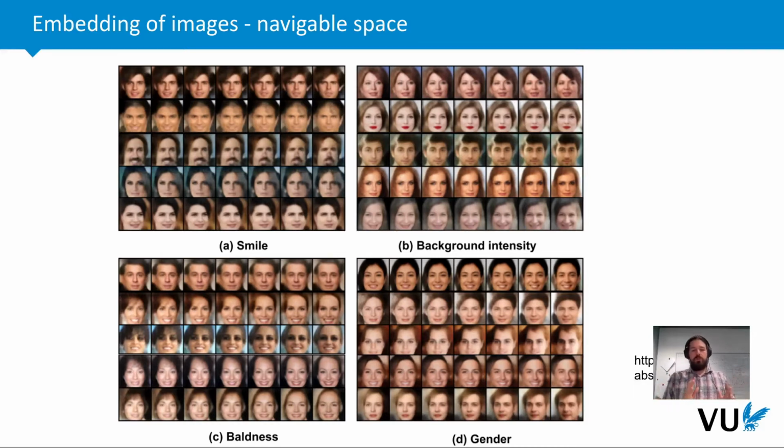You would move from a female gender to a male gender if you follow a certain direction. If this is the case, then it's said that these features are disentangled in the embedding space. They are sort of separated from each other, and certain directions correspond to certain semantic features in your objects, in this case in the image.